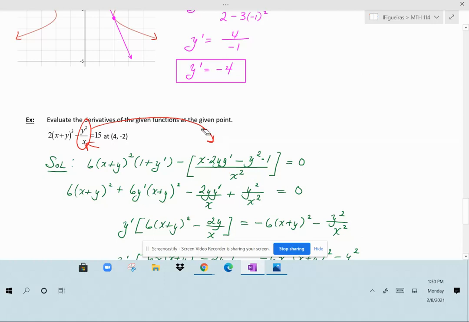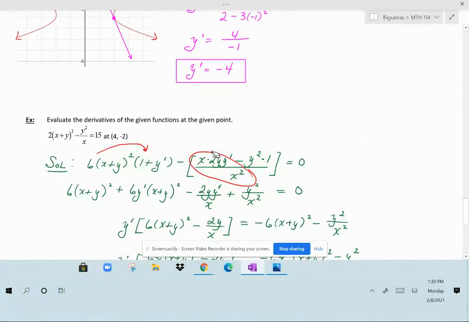Okay, so on the next line, what I did was I distributed the 6 times x plus y to the second across here. I also distributed this negative and simplified each of these terms. I separated them out into 2 separate expressions.